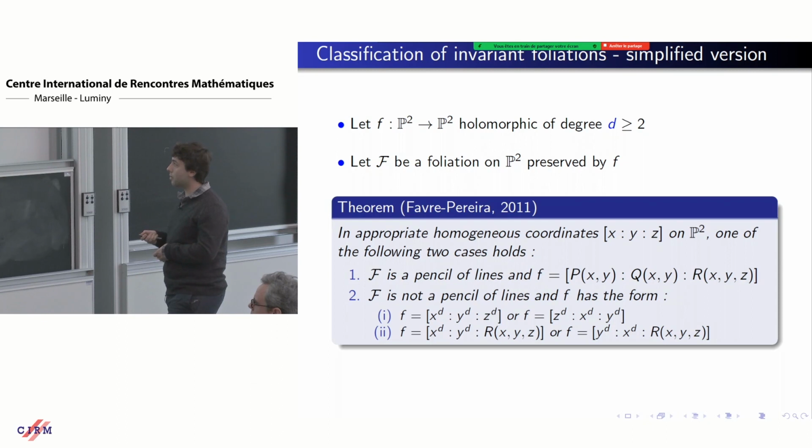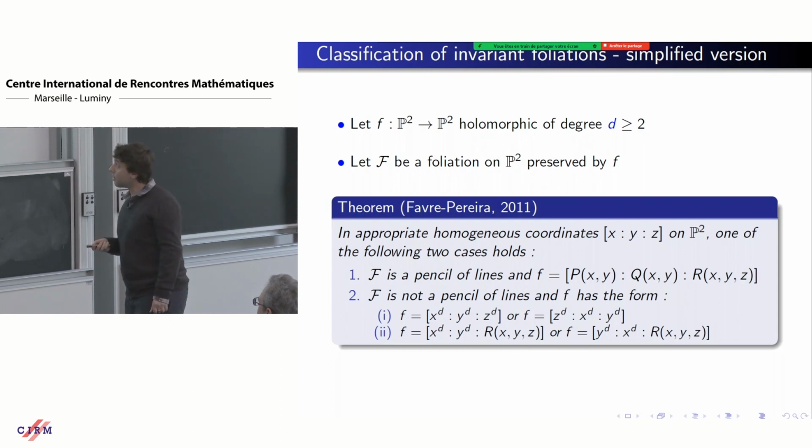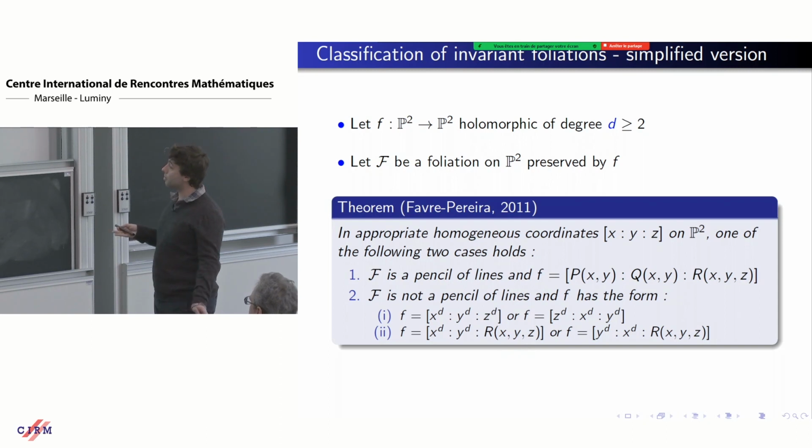But if it's not, then the mapping F has a very simple form, up to choosing well your homogeneous coordinates. In fact, F will be almost a power map. You can also have a third polynomial mapping that could be more complicated. So that's all I need for invariant foliations.